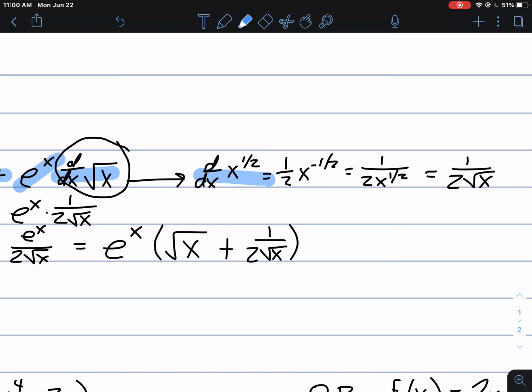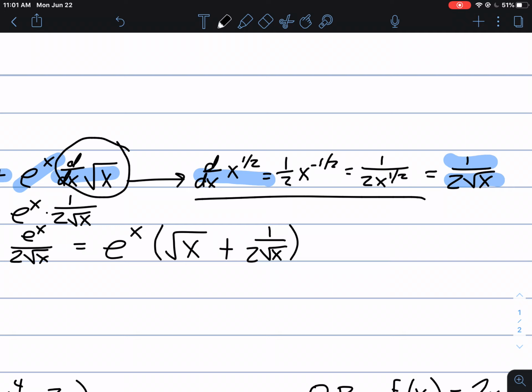And then I went ahead and rewrote that back into radical form, because I think square root of x is a pretty basic function that we're going to run across on a pretty regular basis. So maybe just knowing what the derivative of that is without having to go through all of this is going to save you some time.